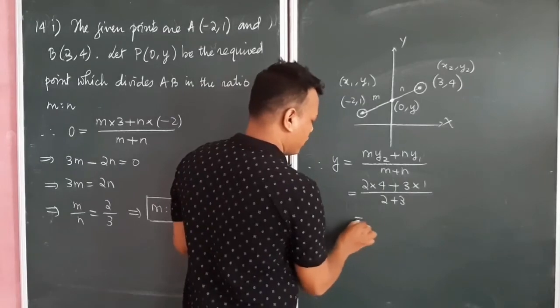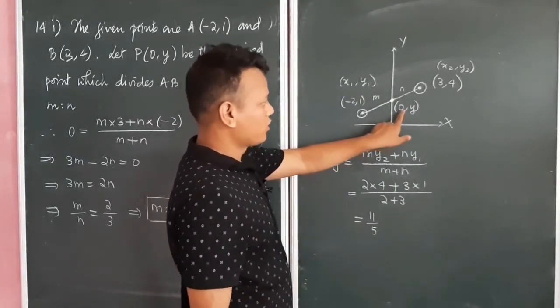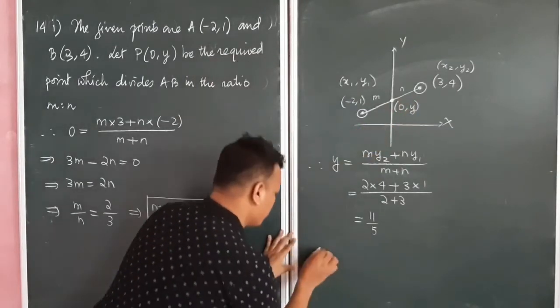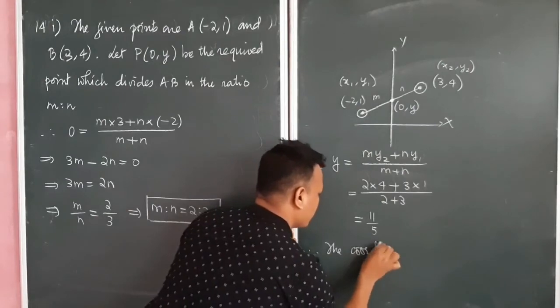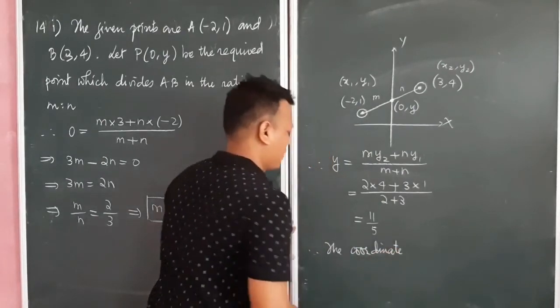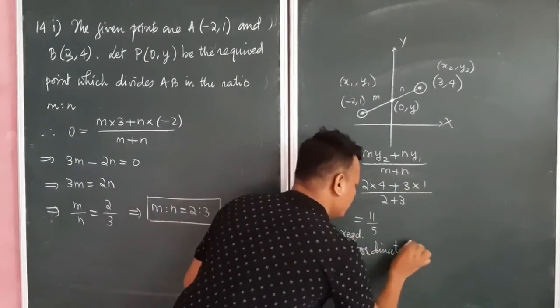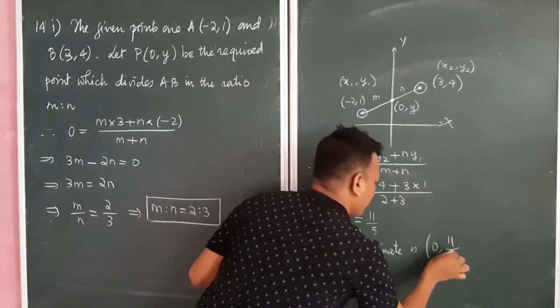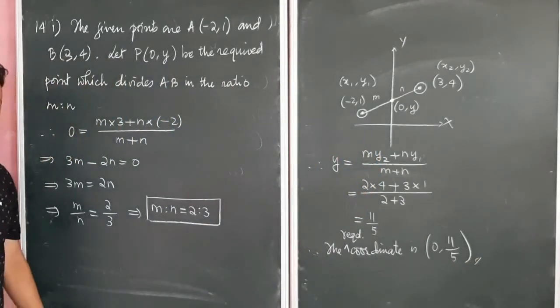So the value of y turns out to be 11 by 5. So the point of intersection is (0, 11 by 5). So the required coordinate is (0, 11 by 5). Alright, so you may pause the video to note down.